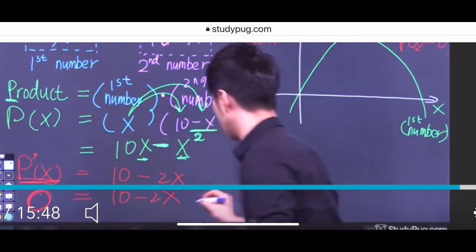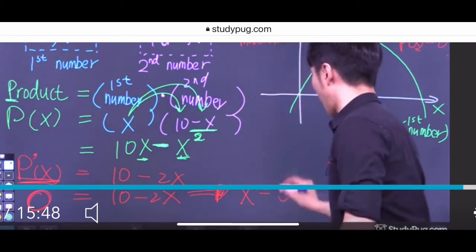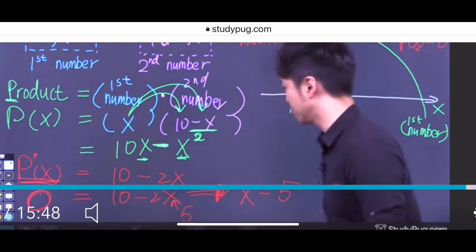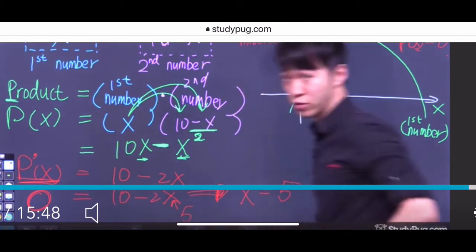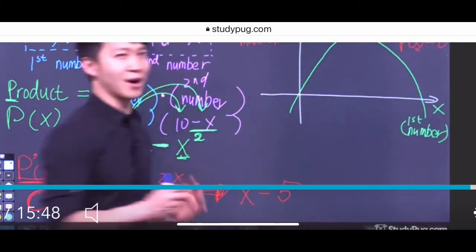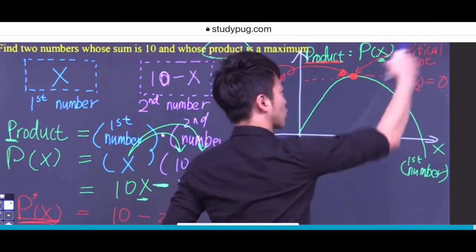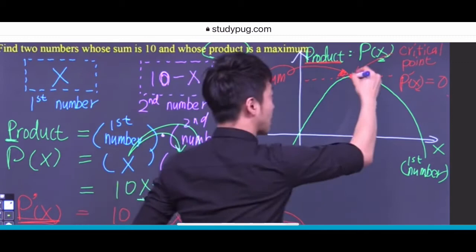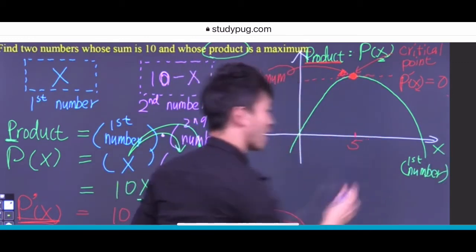Solving the equation, we get x equals 5, because 2 times 5 is 10 and 10 minus 10 is equal to 0. So we know that this maximum point occurs at x equals 5.